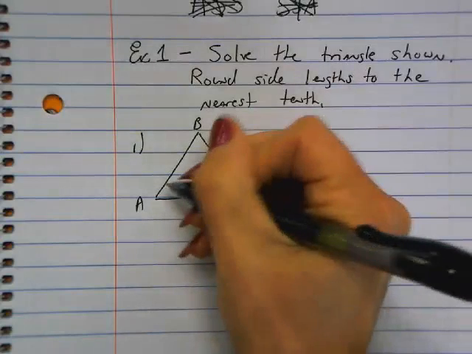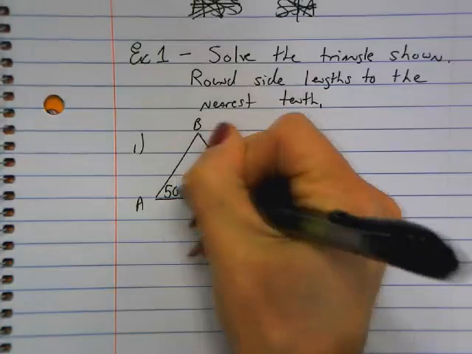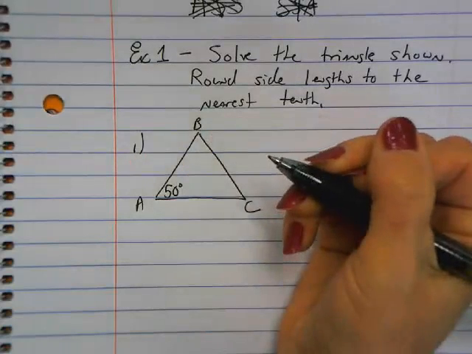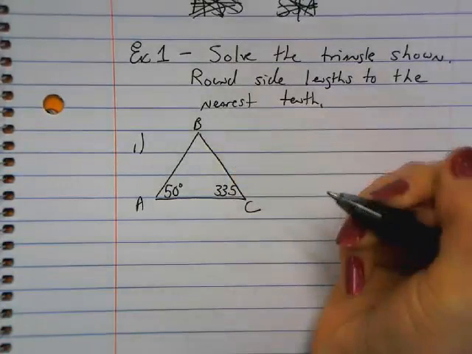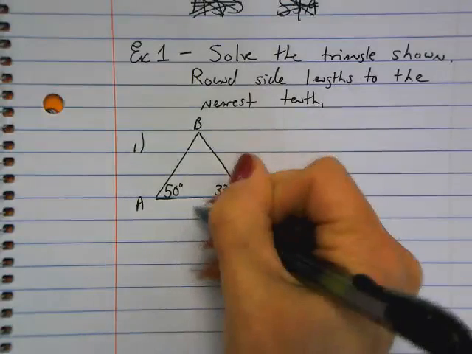Let's say that angle A is 50, angle C is 33.5, and side b is 76.